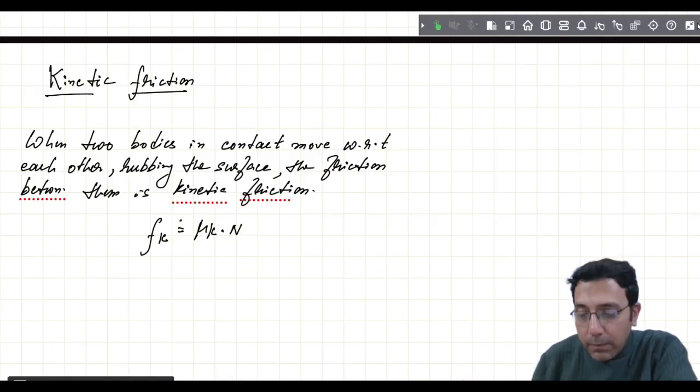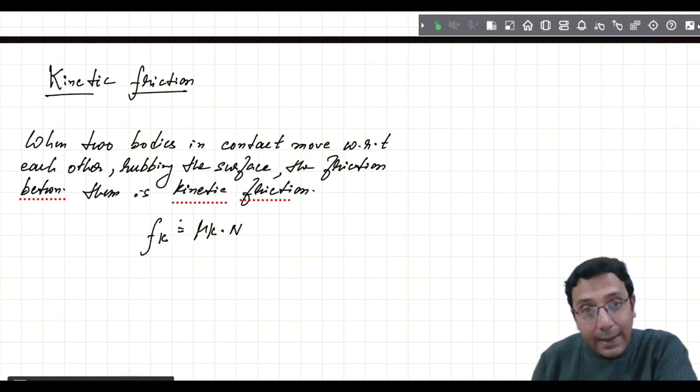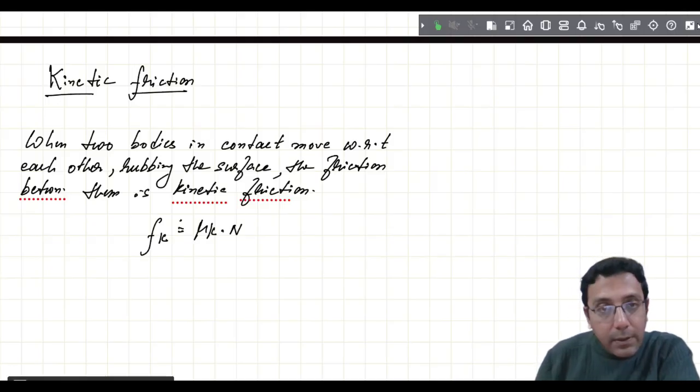So the friction force depends on mu k, which in turn depends on the surface, the material properties, and n. Since n will be mg if you equate the vertical components, the friction force will also depend on the mass.